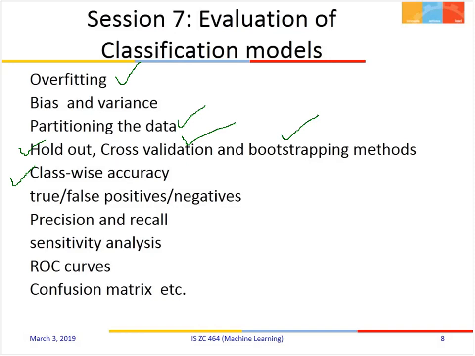Of course, bias and variance were also discussed to check whether they contribute to overfitting or not. Then we discussed true and false positives and negatives, precision and recall. This also is a measure of evaluation of a classification model, along with sensitivity analysis, ROC curves, and confusion matrix.